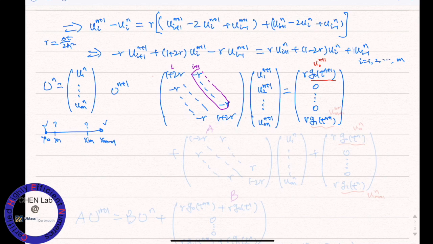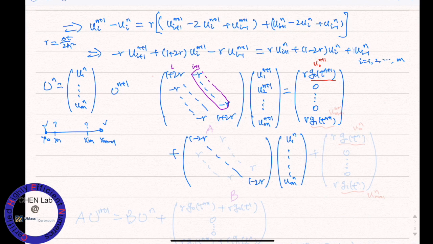Now for the n's, similarly. So we have the u_1^n all the way to u_m^n. This time we have 1 minus 2r hitting the u_i's, so 1 minus 2r for the main diagonal.